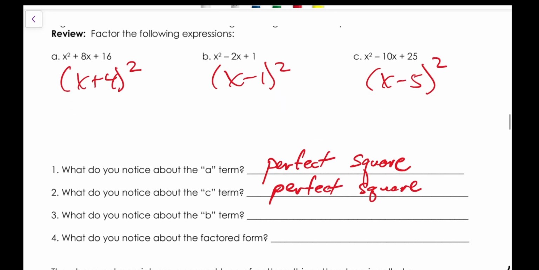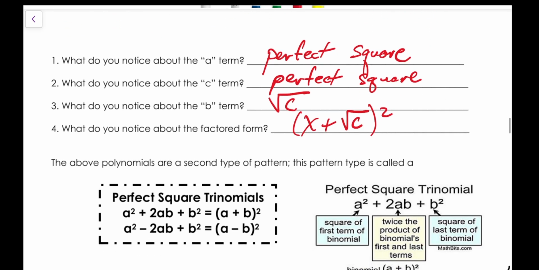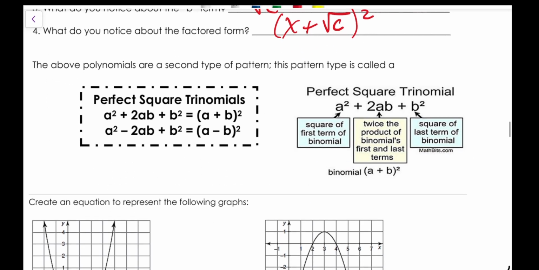The B term is the square root of the perfect square at the end. It's going to have the square root of that C term. And the factored form, again, has x plus the square root of that C term, squared. So this pattern is called the perfect square pattern, perfect square trinomials. You see the description listed here.